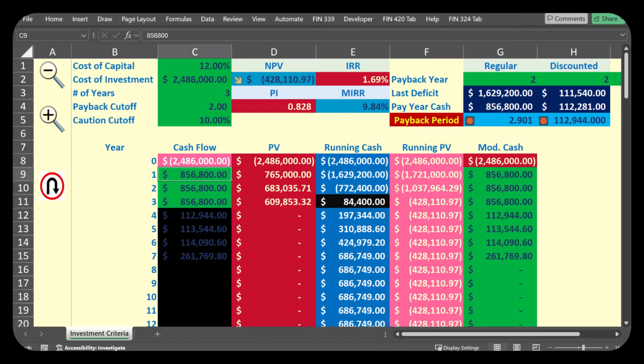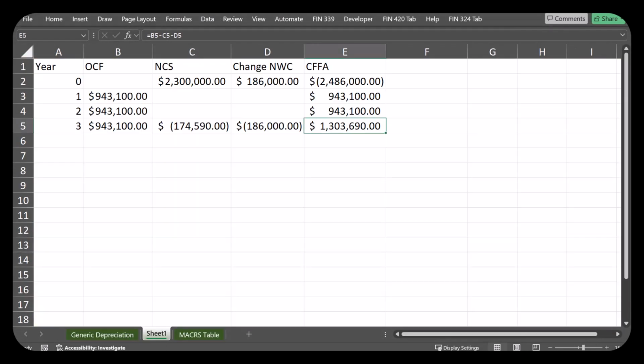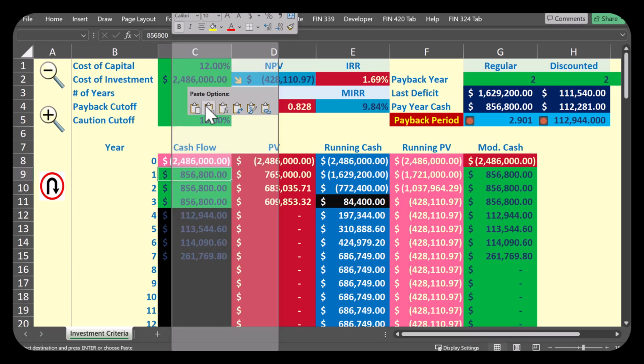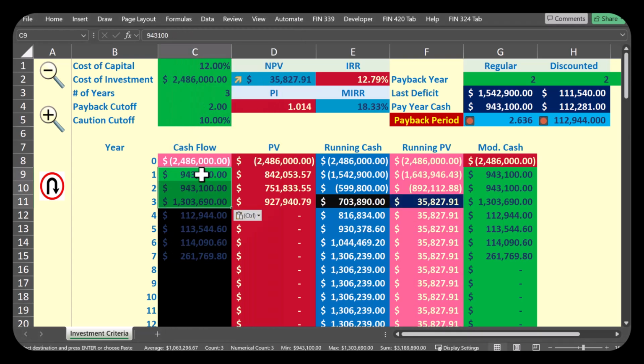And let's copy CFFA for 3 years. Just read off the NPV from the template, 35,827.